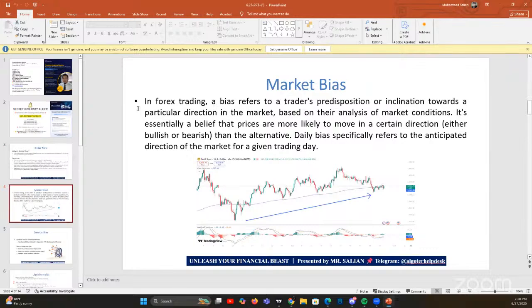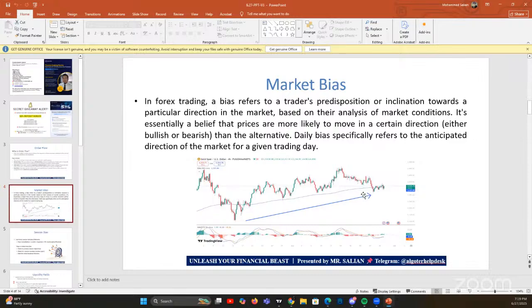Now, for traders, market bias is very important because that's how you will know. Just looking at the chart here, this is in an uptrend. It's going up. It's above the EMA 200. So your bias should be only buying. In forex trading, a bias refers to the trader's predisposition or inclination towards a particular direction in the market based on their analysis of market conditions.